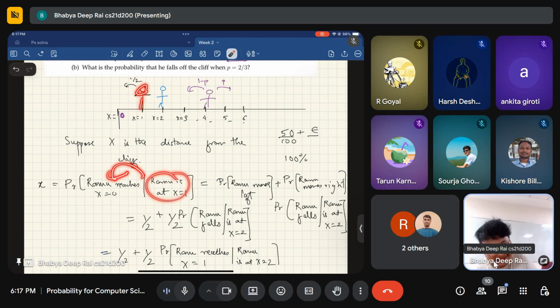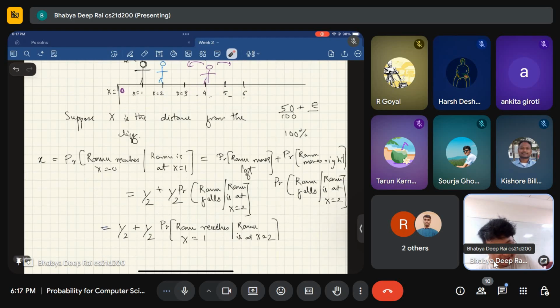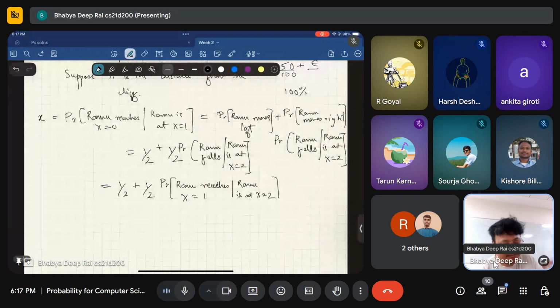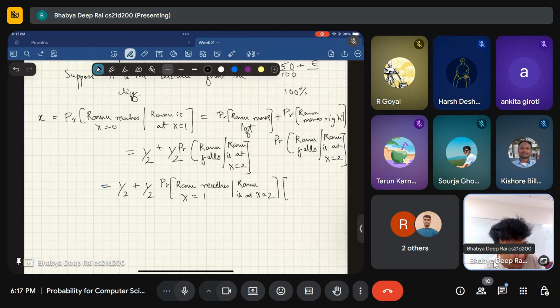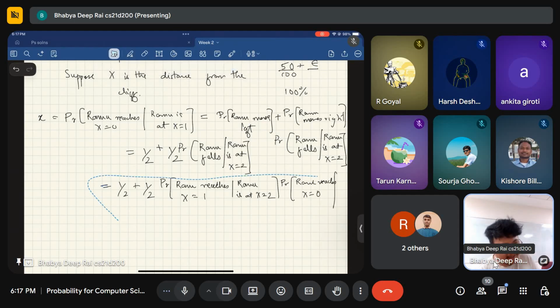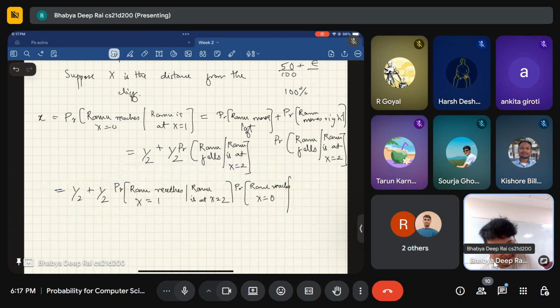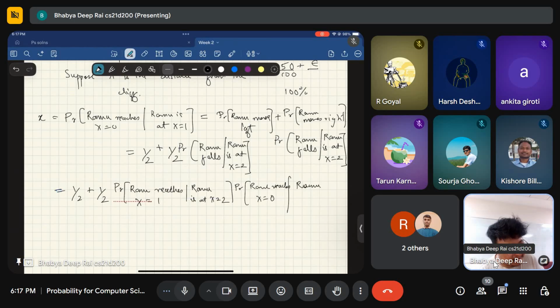So that will be the probability Ramu reaches x equals 1 when Ramu is at x equals 2, times the probability that Ramu reaches x equals 0 whenever Ramu is at x equals 1.